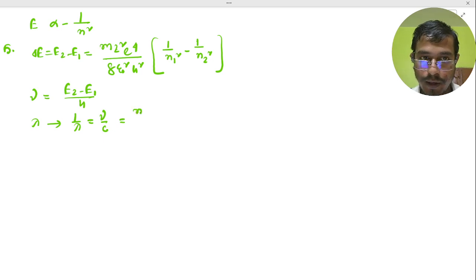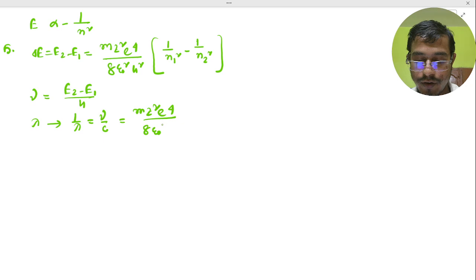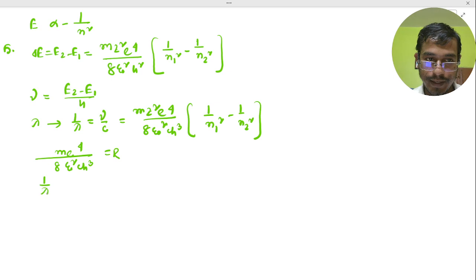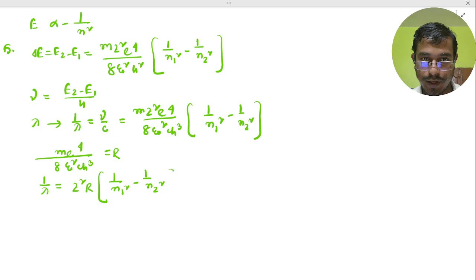Putting in the value, m z square e to the power 4 by 8 epsilon naught square c h cube times (1 by n1 square minus 1 by n2 square). Here m e to the power 4 by 8 epsilon naught square c h cube is equal to R, the Rydberg constant, and we get 1 by lambda equals z square R times (1 by n1 square minus 1 by n2 square).